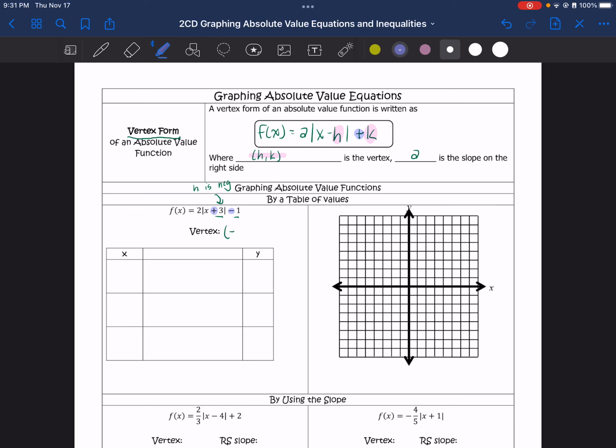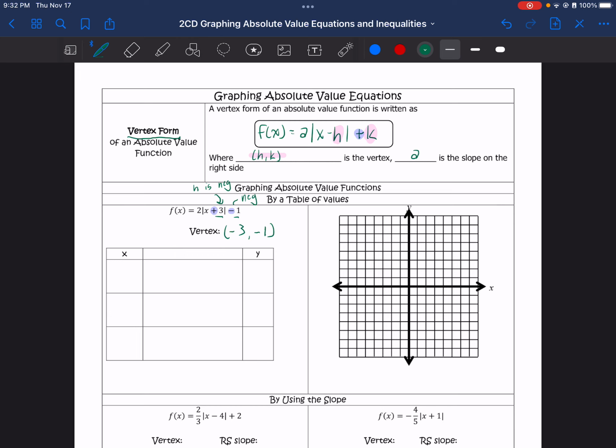So if it's minus 1, we also know that k is going to be negative. The rule of thumb is that if it is a minus sign in the k value, then it's going to be negative. So we have a negative 3 and a negative 1 as our vertex. So we know that our vertex is going to be negative 3 comma negative 1.